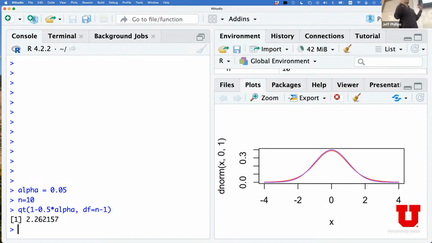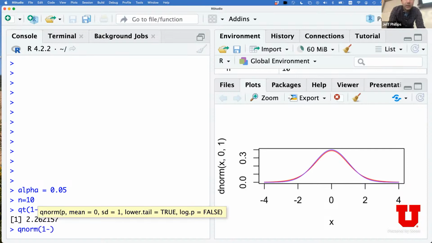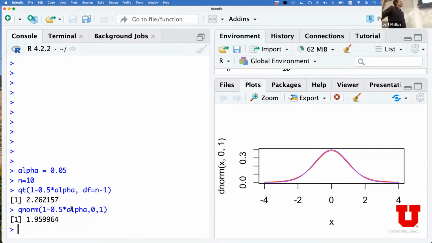This is if we have 10 samples we're averaging over. If I instead used the normal distribution, 1 minus 0.5 times alpha, for 0, 1, this was 1.96. So the T value is larger. We're going to have to push the confidence interval distance further out to ensure we capture the right parameter with 95% chance.